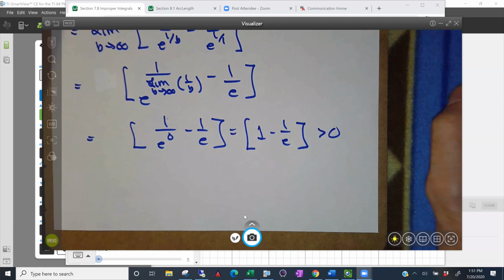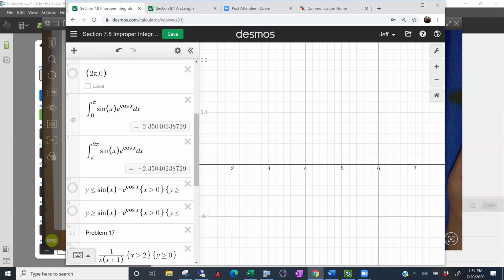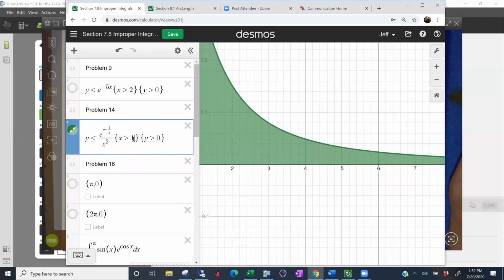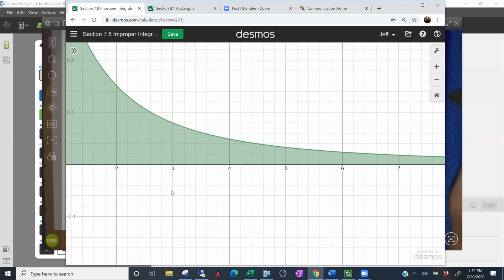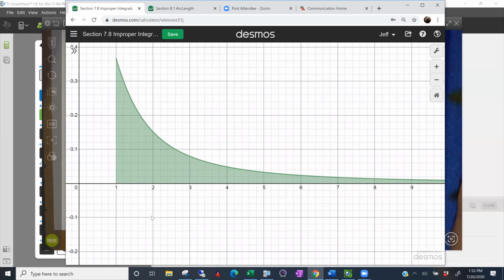And that all goes back to looking at the graphs here. So let's take a quick look at the graph. Is that this one? Yes, that's this one. All right, and I want to make that for x greater than 1. So, like our other problems, this lies strictly above the x-axis, and you would expect a positive answer.